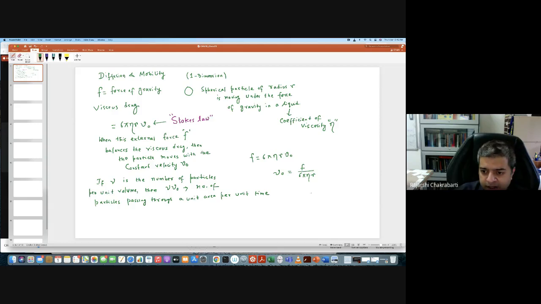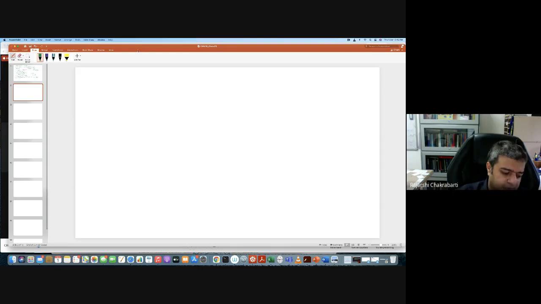So it basically means that you have nu F by 6 pi eta r. This quantity is this. Now I write down what is known as minus D times d nu dx. This is called Fick's first law.